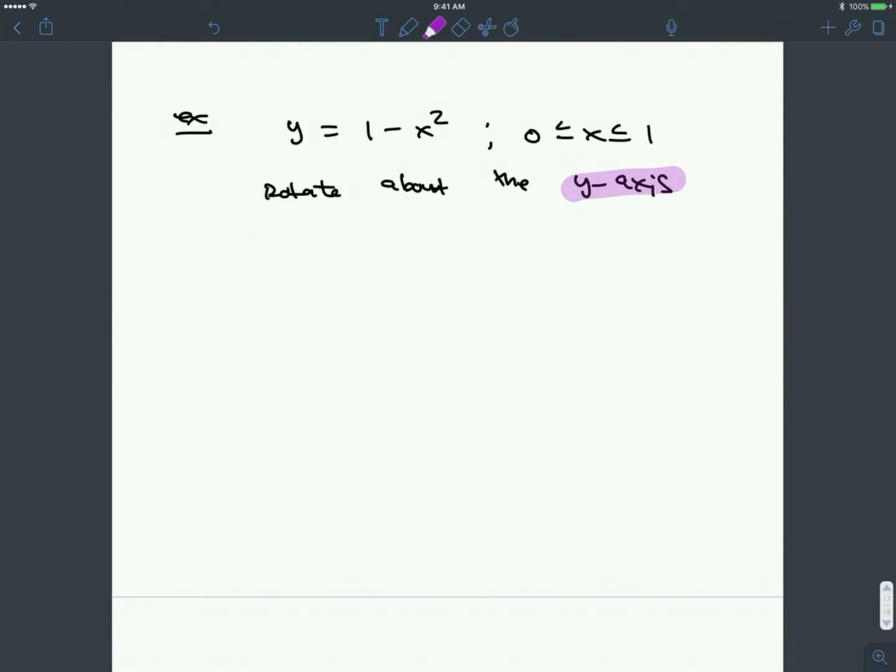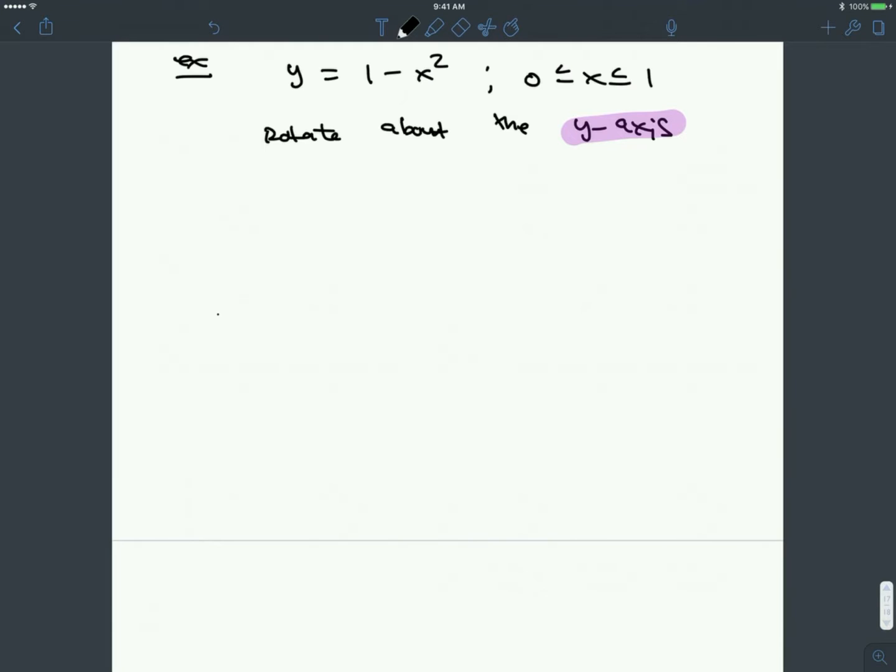This is new. If you know what this curve looks like, by the way, it's not that necessary, but let's take a look. This is a parabola that opens down, 0 to 1 here.